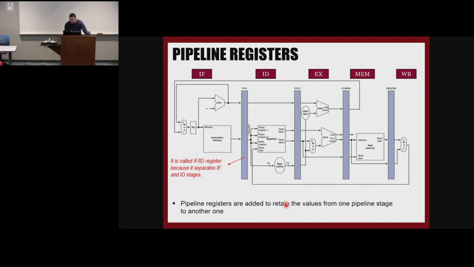We store the outputs of one pipeline stage in the pipeline register, and on the next clock we use them as the input of the next stage. So can you tell me how many bits we need for the IFID register?